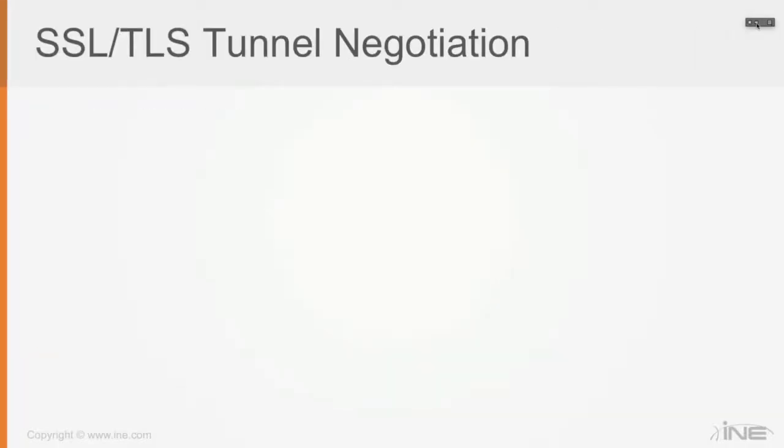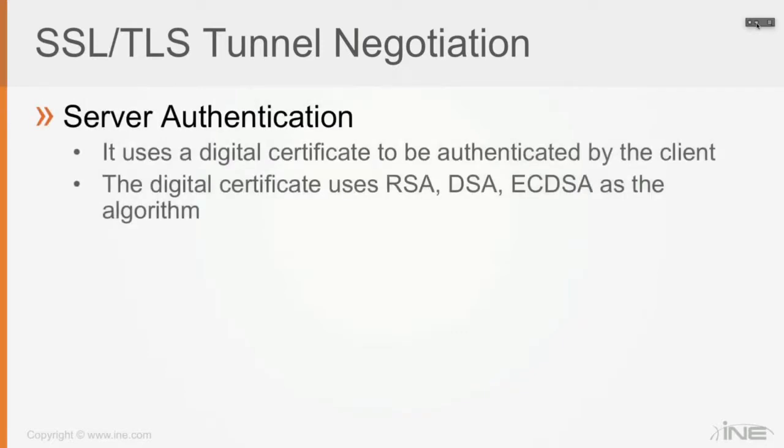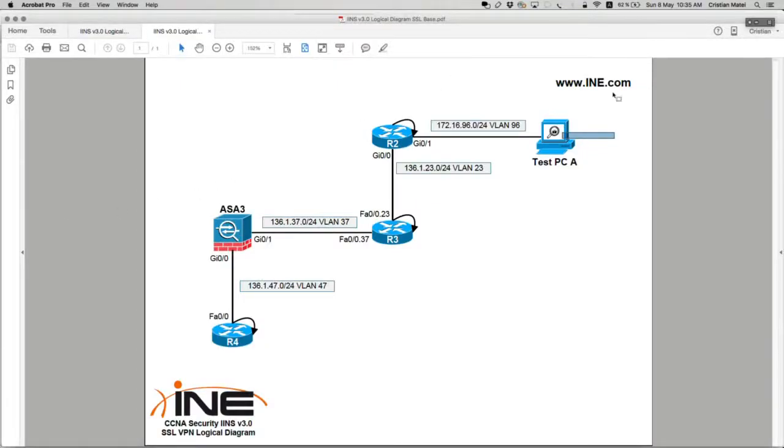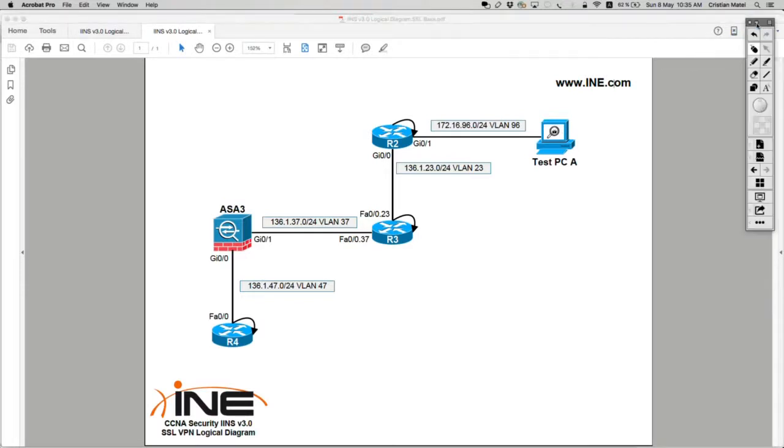Now, let's go step by step through those two processes of building up the tunnel, the control plane part. In the authentication part, we have to do server authentication, so the server has to be authenticated. For example, if you look at our diagram, let's for the moment not speak about VPNs, but just about a basic SSL/TLS session.